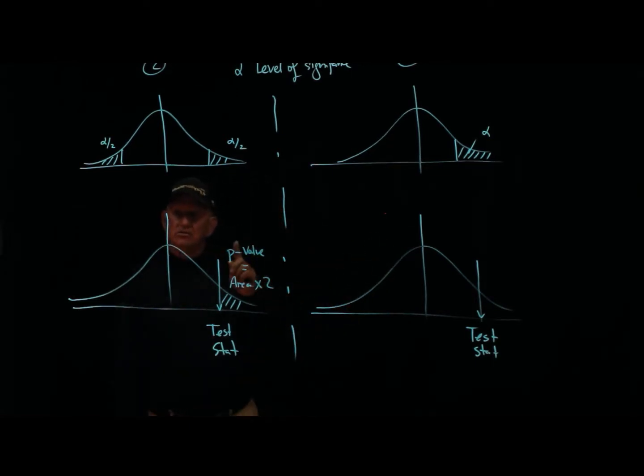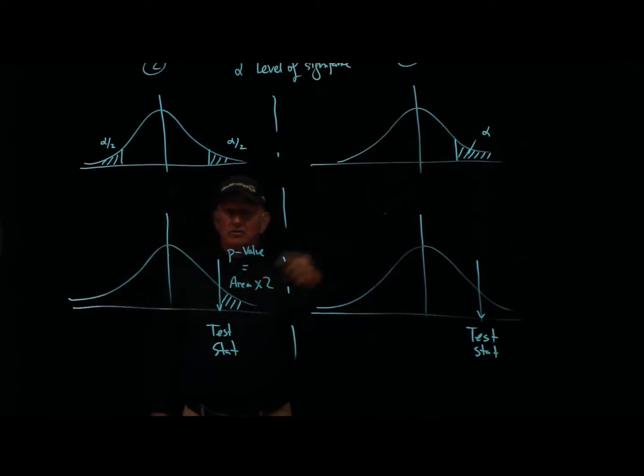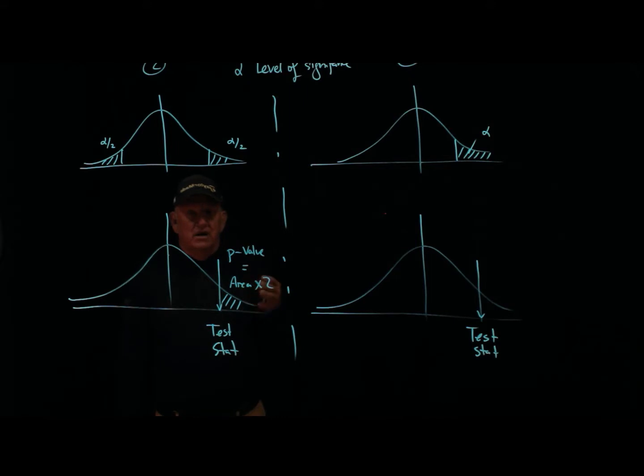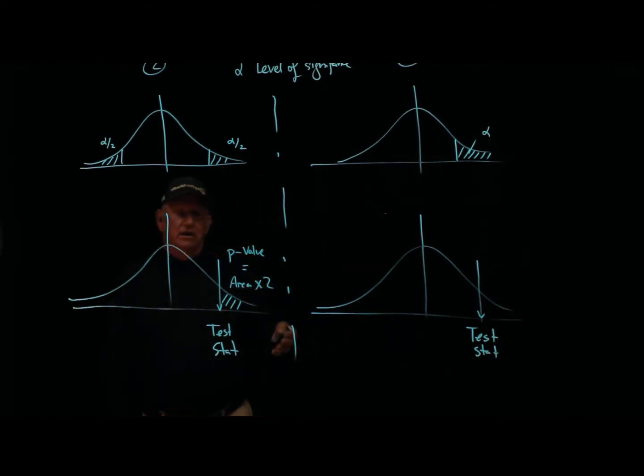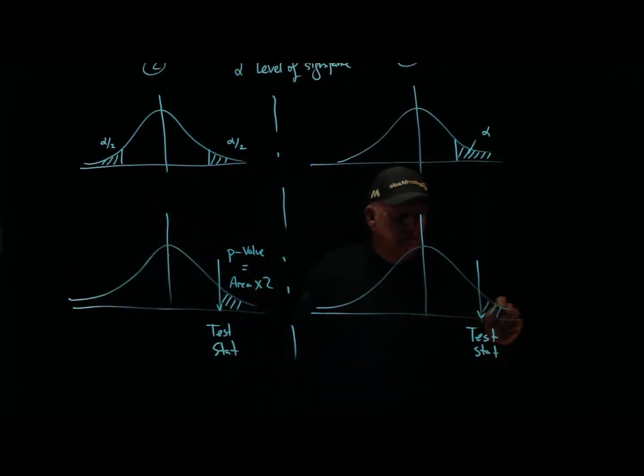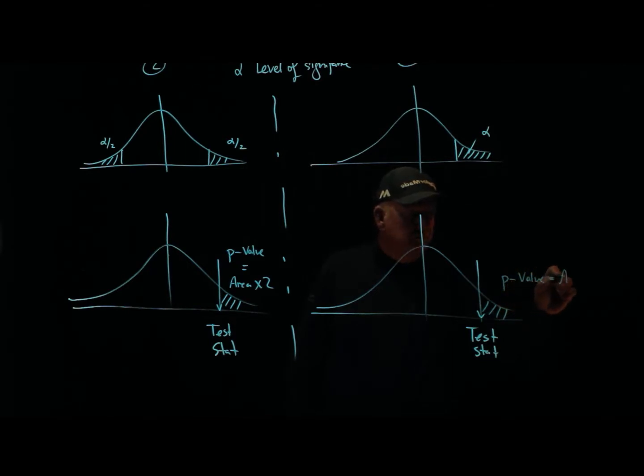Those last two cases are one-tailed tests. The first case, mu is not equal to mu0, or p is not equal to p0, those are the two-tailed tests. And if you experiment with that, you'll find the p-value that you obtain when you pick a two-tailed test is twice that when you pick a one-tailed test. That's very different than this case, where the p-value is just equal to the area.